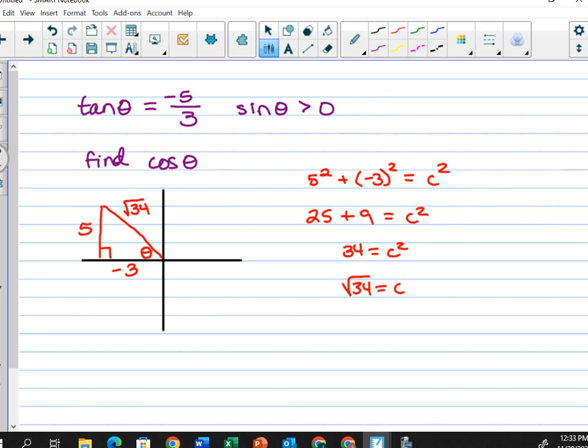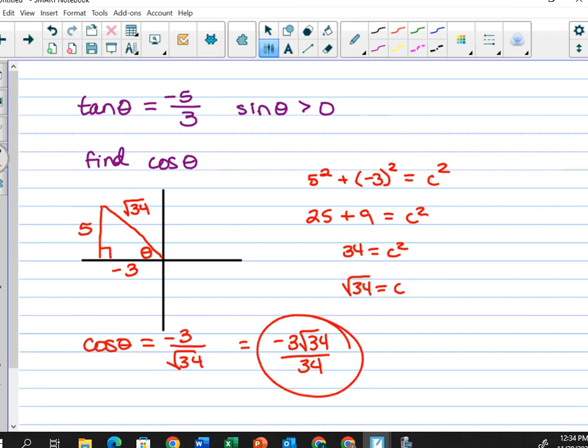That's the Pythagorean theorem, yes. So then cosine of theta is going to be adjacent, which is negative 3, over hypotenuse, which is root 34. And once you rationalize, you get negative 3 root 34 over 34. Lovely answer.